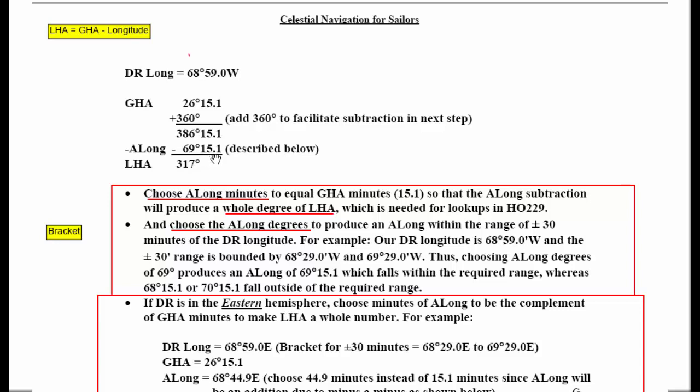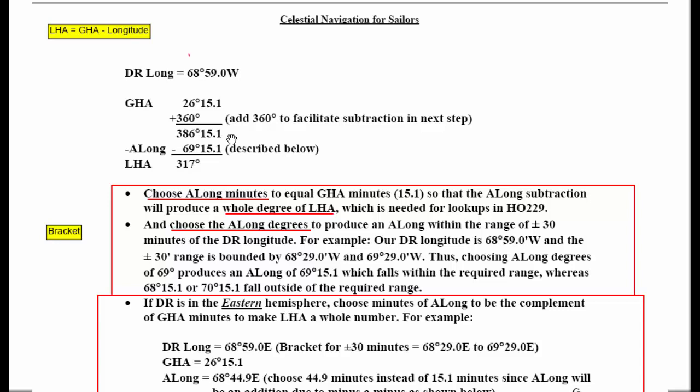First off, we took the 15.1 to be the same 15.1 as the GHA. So whatever the GHA minutes are, we assign that number of minutes to the assumed longitude. As we just read in the text, the reason for that is so that when you subtract assumed longitude from GHA, you'll get an LHA with 0 minutes, because the table for LHA does not include minutes.